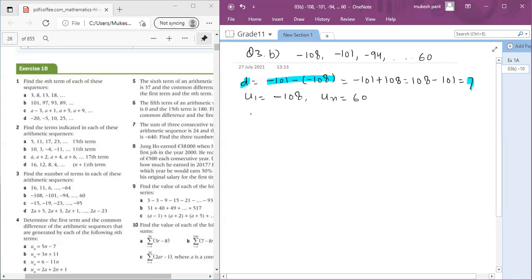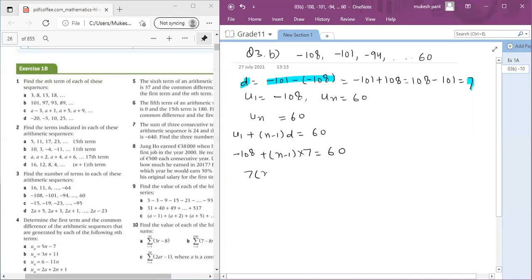So use the formula un equals 60, and in place of un you can write u1 plus (n minus 1) times d equals 60. Now this is minus 108 plus (n minus 1), and the common difference is 7, times 7 equals 60.